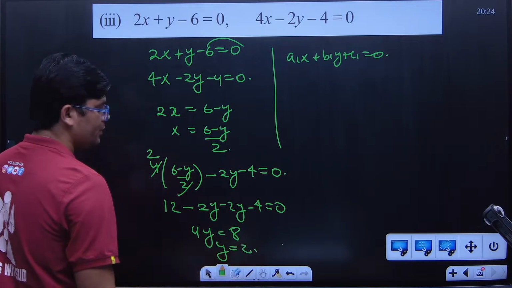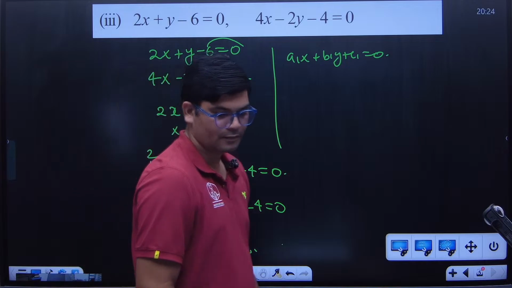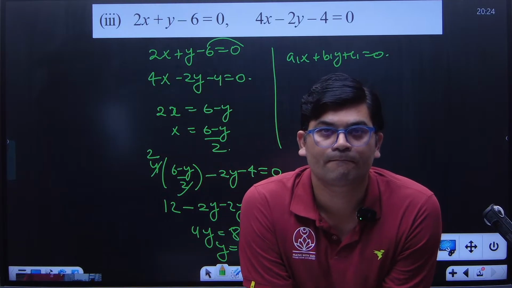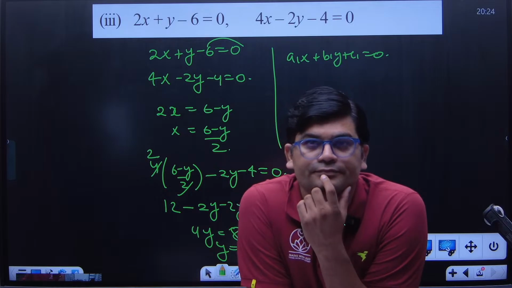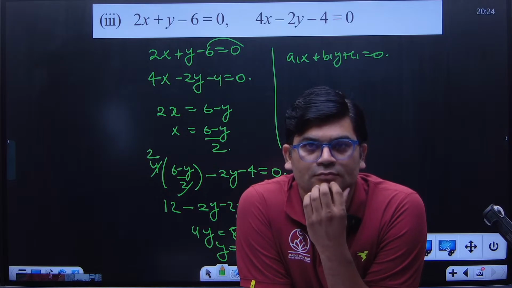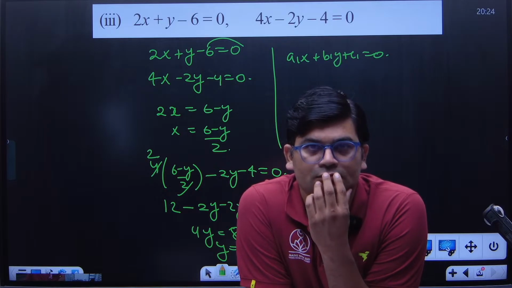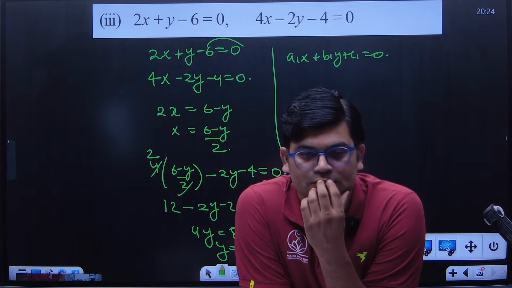Okay, so keep solving. Then you do the multiplication and divide. So you get 12 minus 2y equals 4.